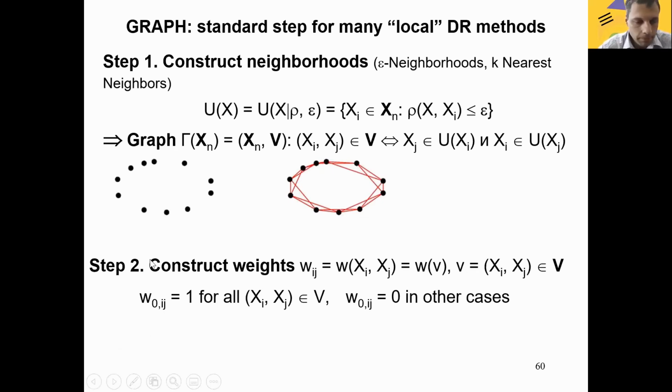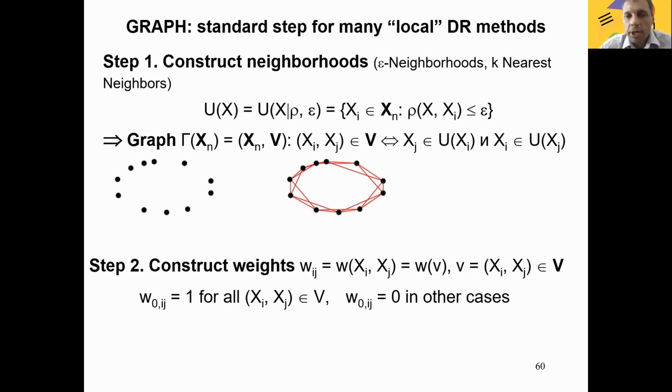And then we also can define weights. The simplest case is when the weight is equal to 1 if there is an edge between two points and equal to 0 in other cases.